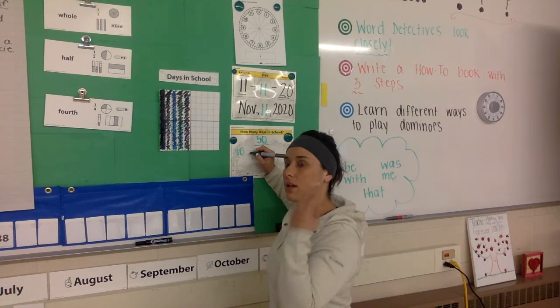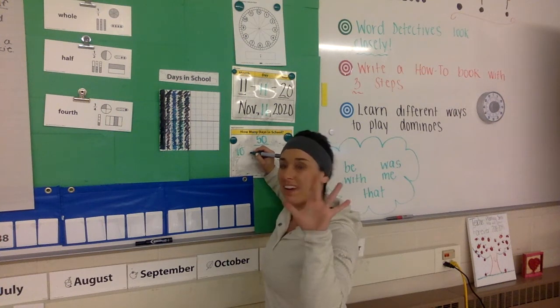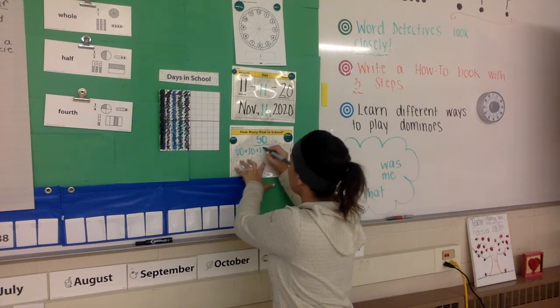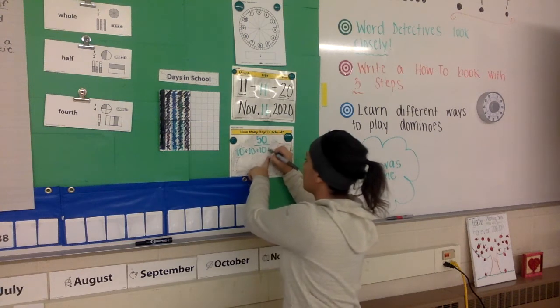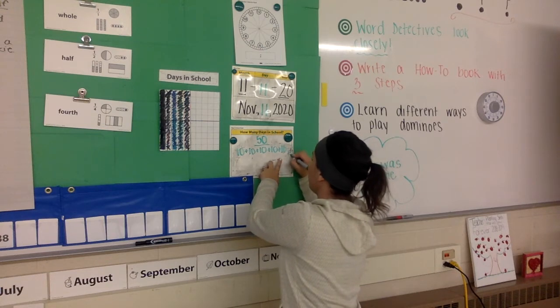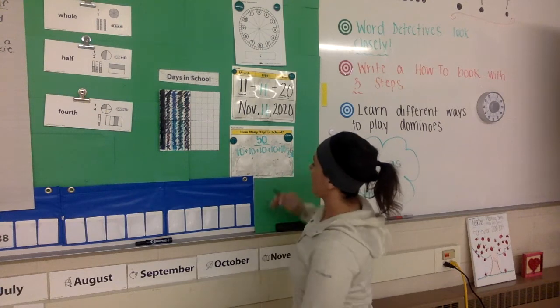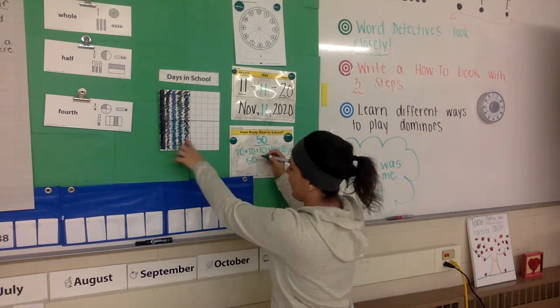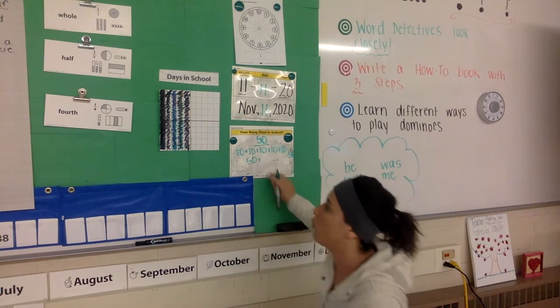10, 20, 5 times, you're right. So 10 plus 10 is 20, plus another 10 is 30, 40, and 50. Way to go. Or we could say 50 because there's 5 groups of 10 plus what?